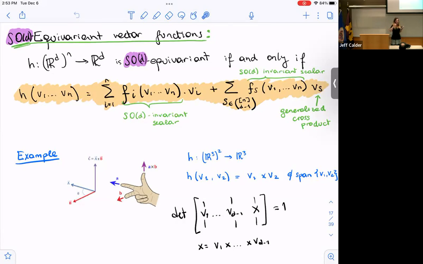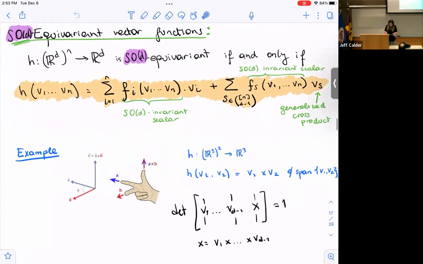That is an SOD equivariant function that does not lie in the span of the inputs. Those are the only other equivariant functions that you can get, and they come from the generalized cross product. You can write a full parametrization of all the SOD equivariant functions using that. So this is a very classical thing.